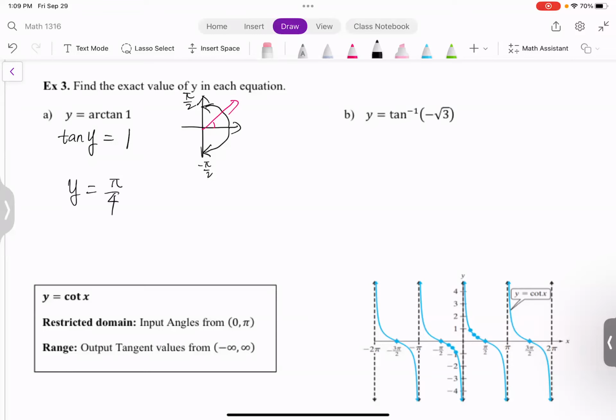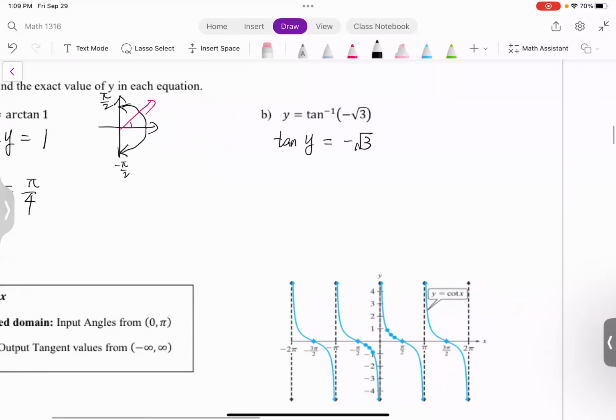And next one, let's see, what should I do first? I need to convert it to the tangent function. So I have tangent y equals negative square root of 3. And then I need to graph the unit circle.